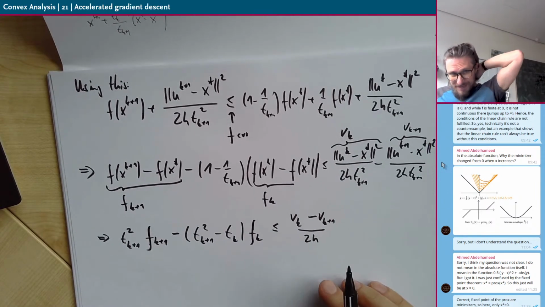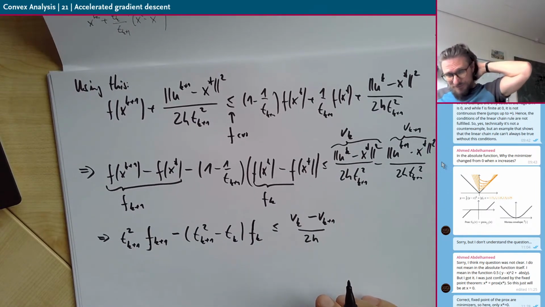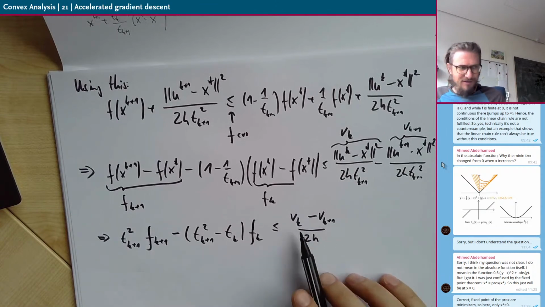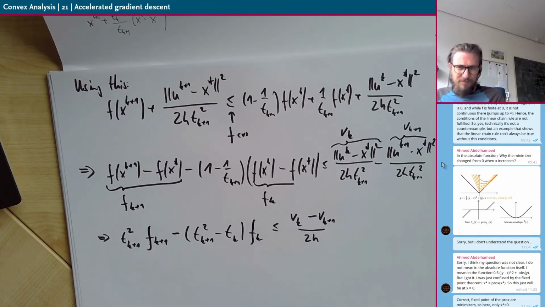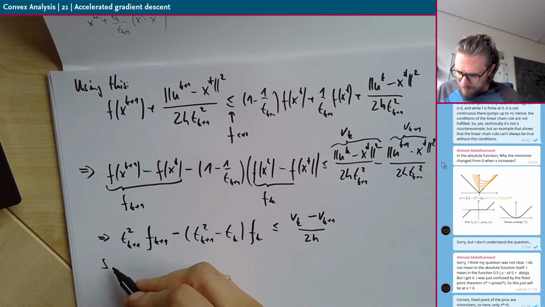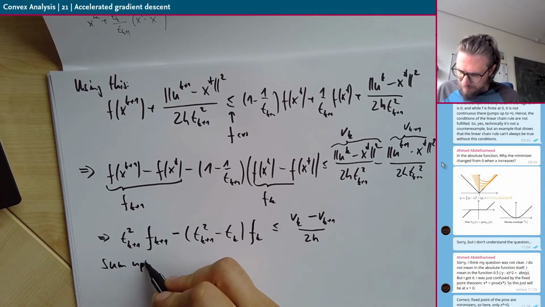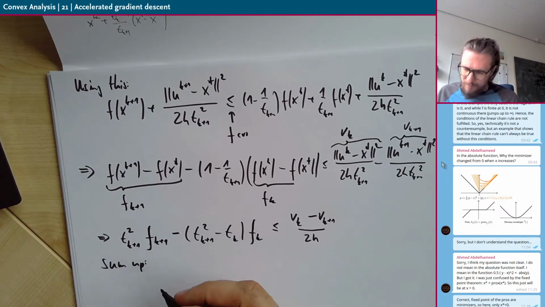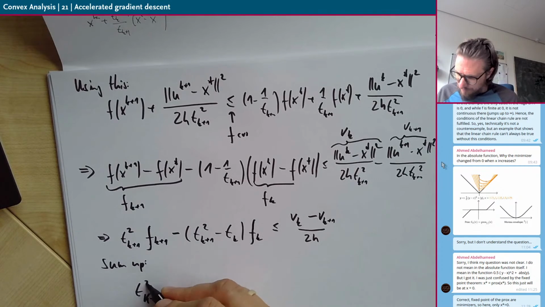And now that's the magic equality, because if we take this inequality and sum it up with the previous ones, we have on the right hand side the telescoping sum, and here something accumulates, but we will see that this is good. So sum up from 0 to capital K plus 1. We end up with the last term t_{K+1}² f_{K+1}.